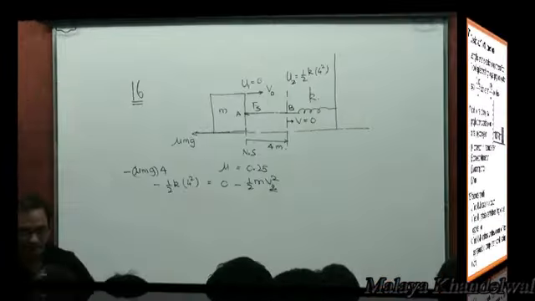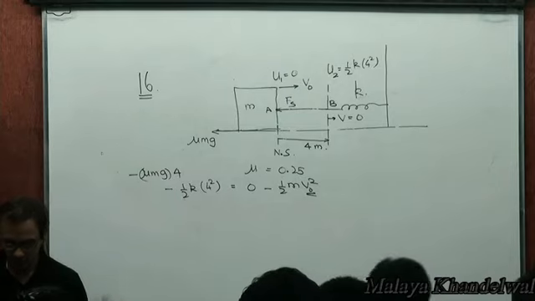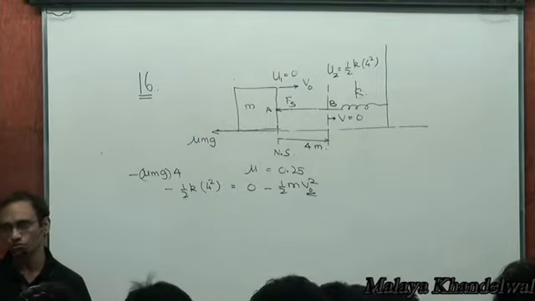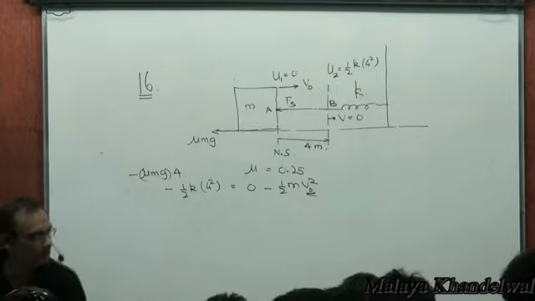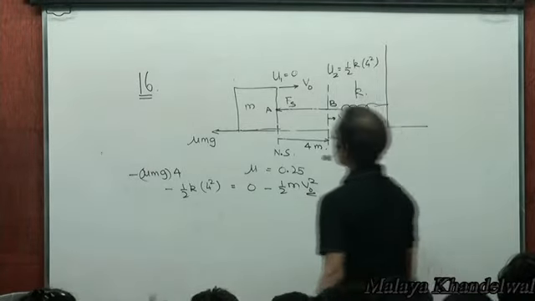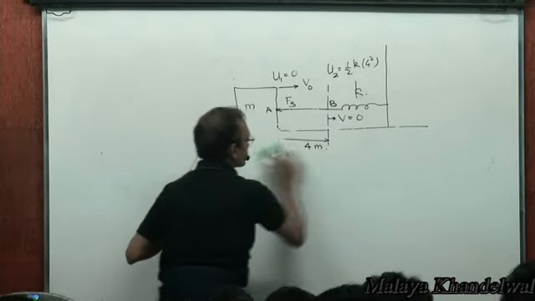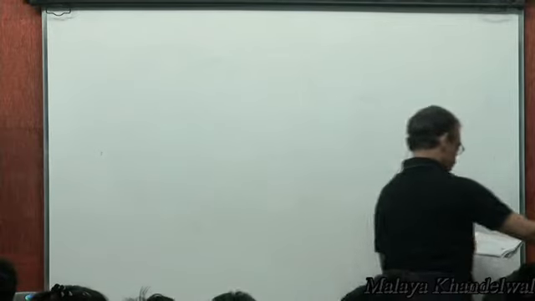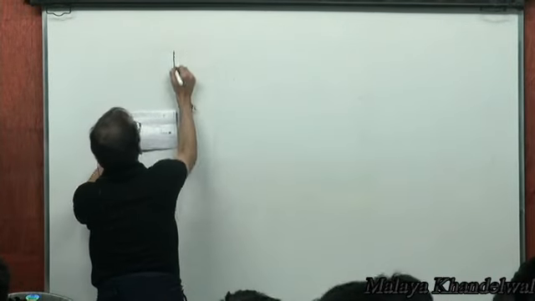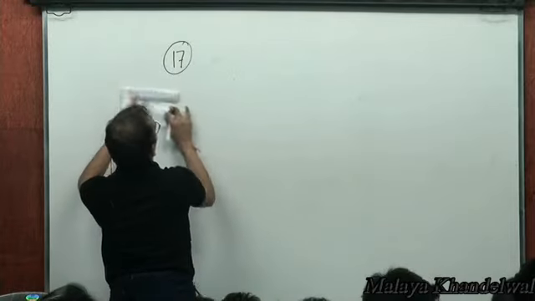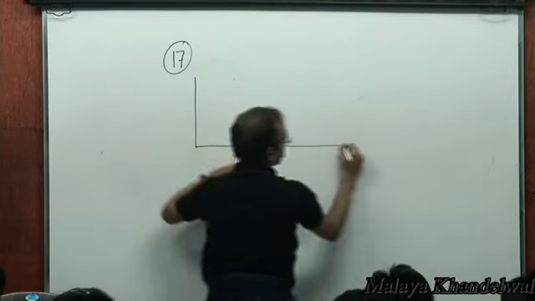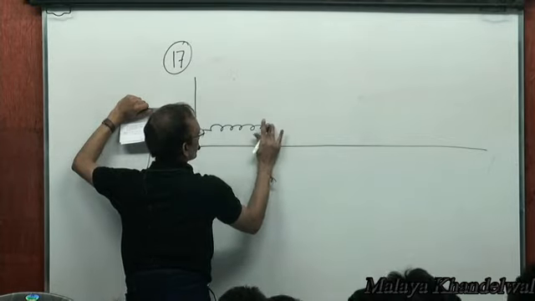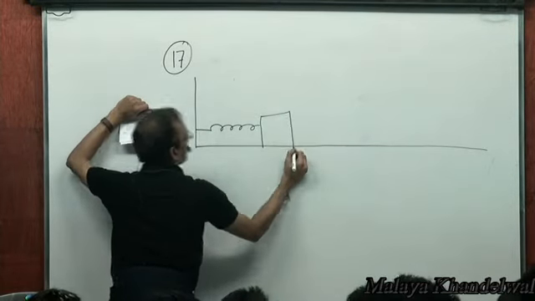Let's look at 17. So we have a spring block system placed on a rough floor.